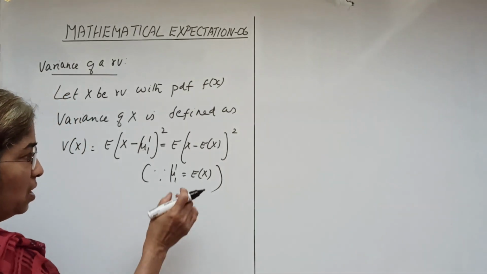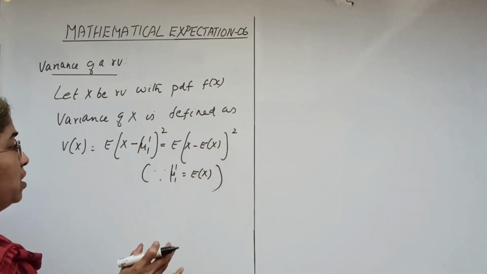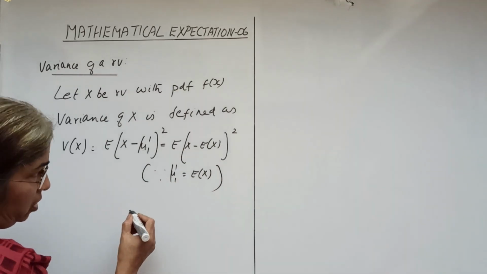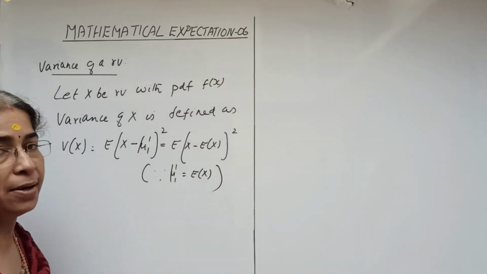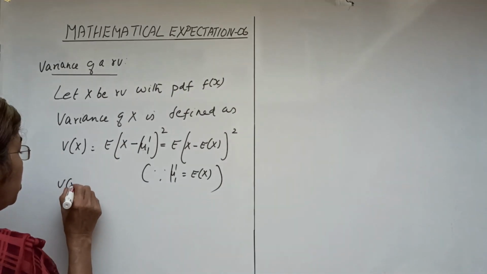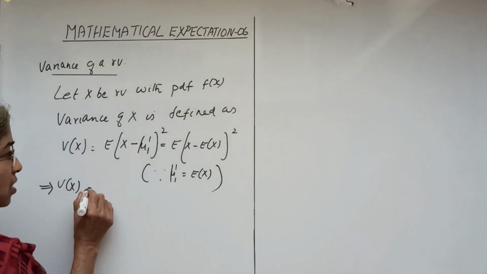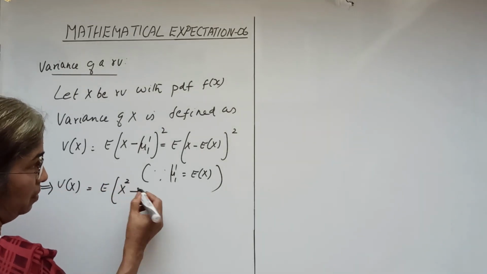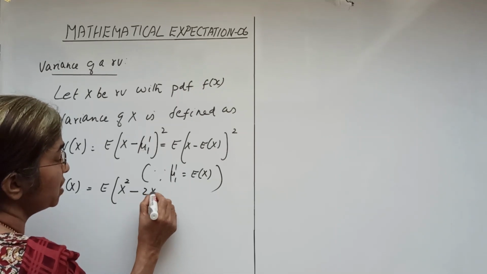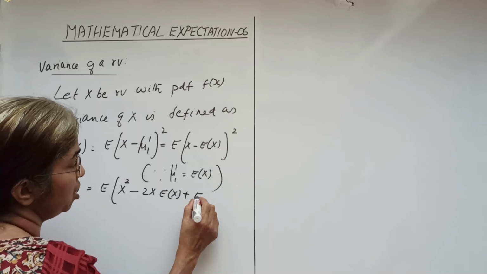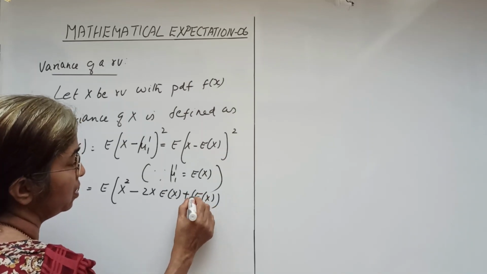We expand this using the binomial expansion (a minus b) whole square, so variance of X equals expectation of X square minus 2X into expectation of X plus expectation of X whole square.